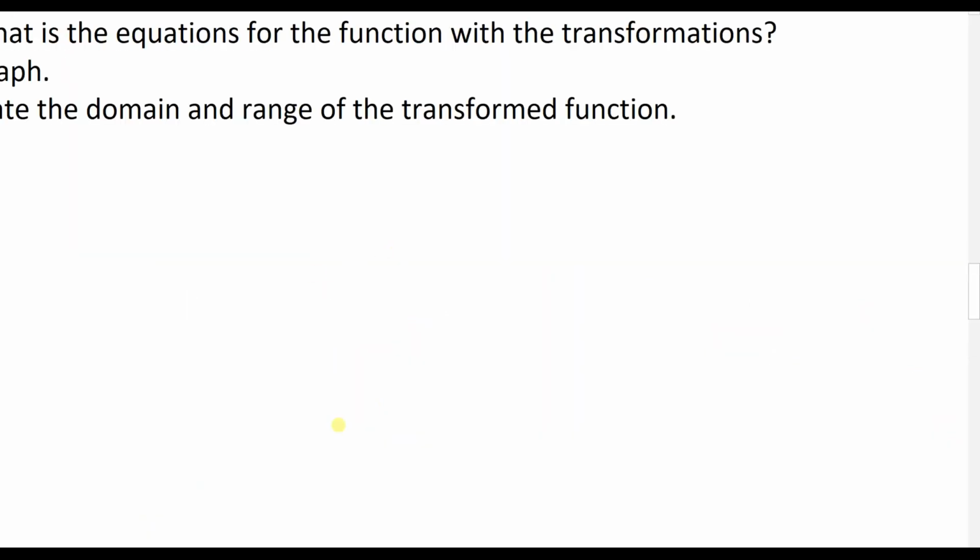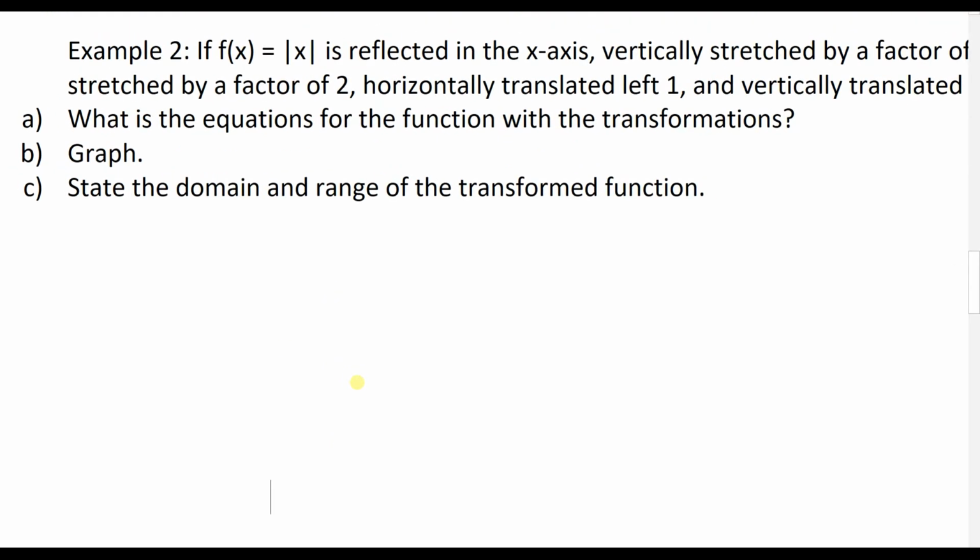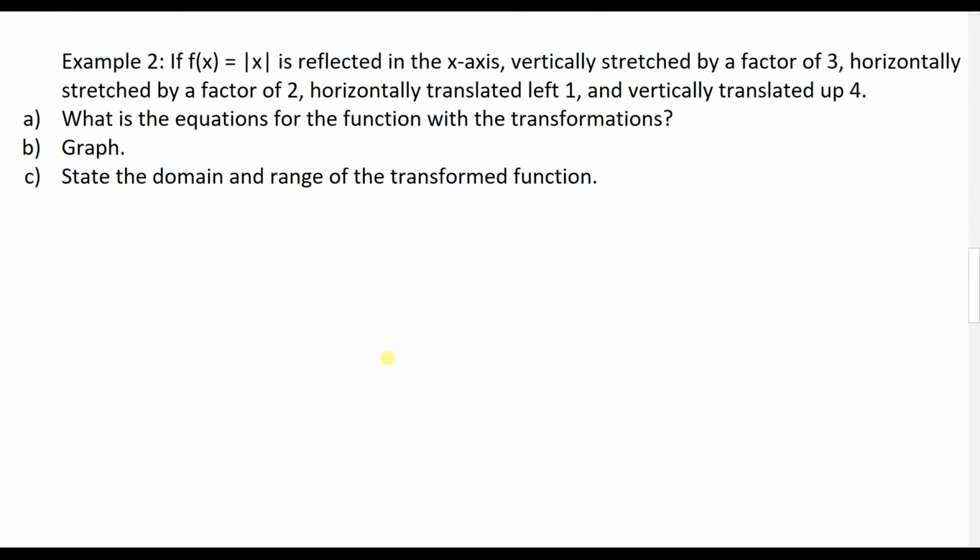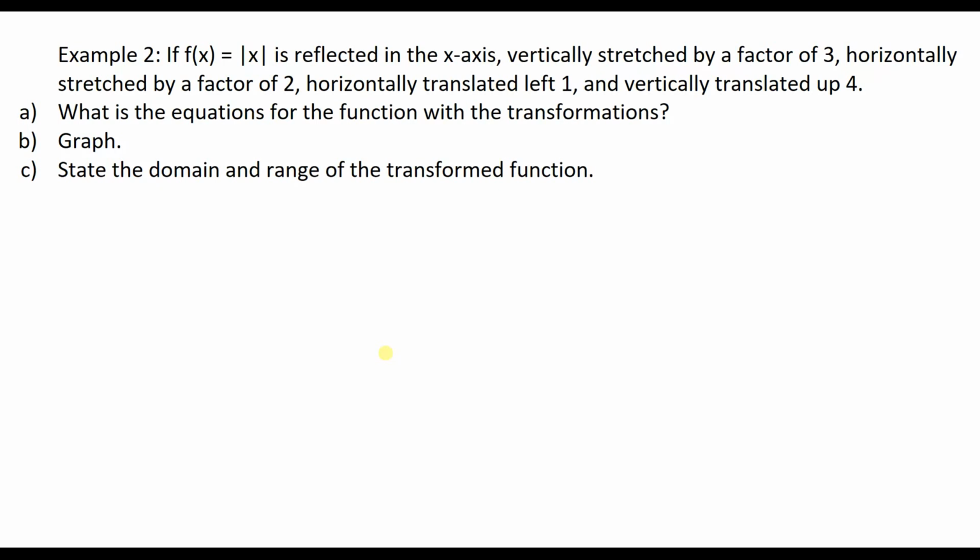So example number 2. If f of x is equal to the absolute value of x is reflected in the x-axis, vertically stretched by a factor of 3, horizontally stretched by a factor of 2, horizontally translated left 1, and vertically translated up 4, what is the equation?